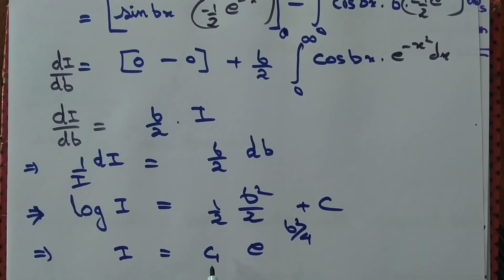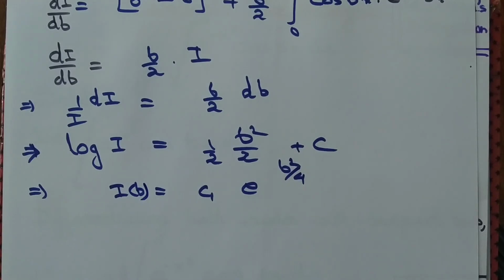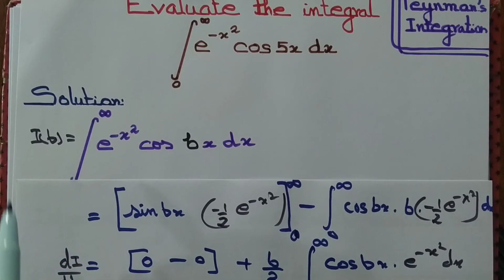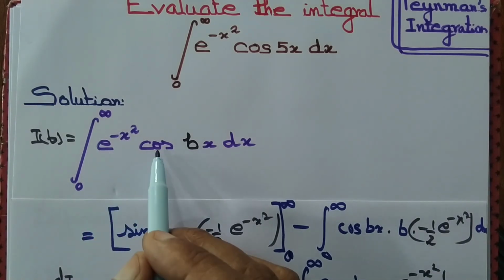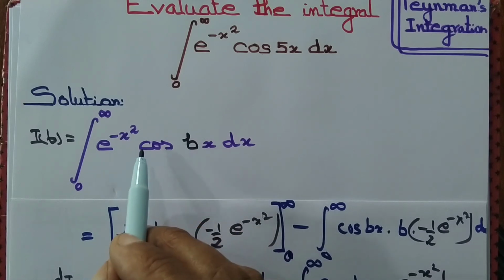Now if somehow we can evaluate the constant c1, then we know I(b). Can we do it? Of course we can. Observe that I(b) equal to the integral 0 to infinity e to the power minus x square cos of bx dx. What if b equal to 0?